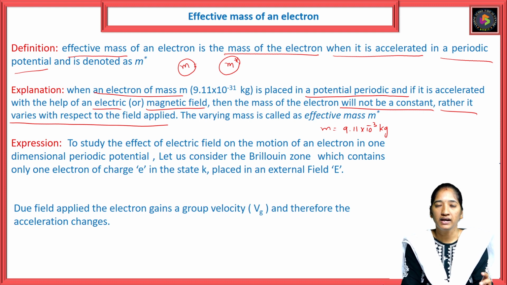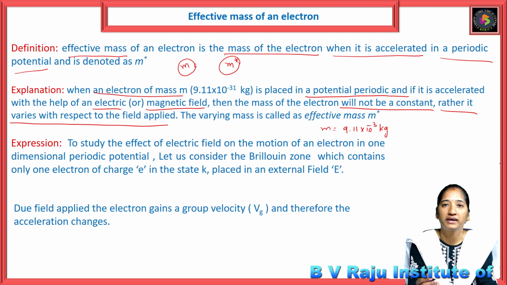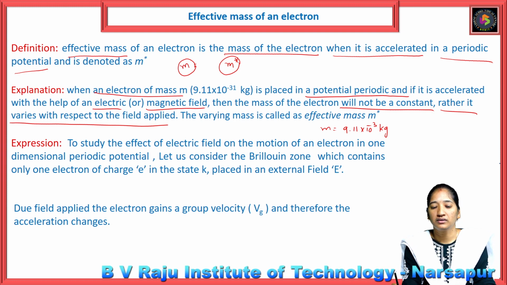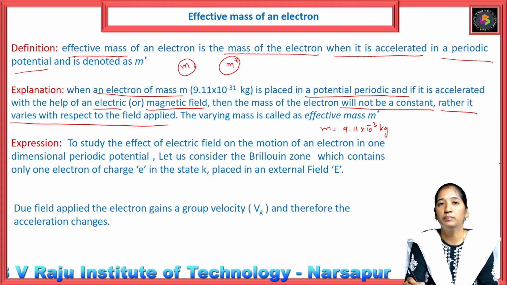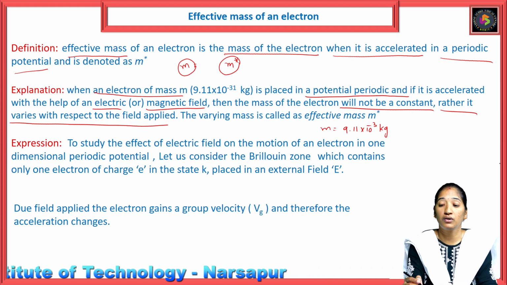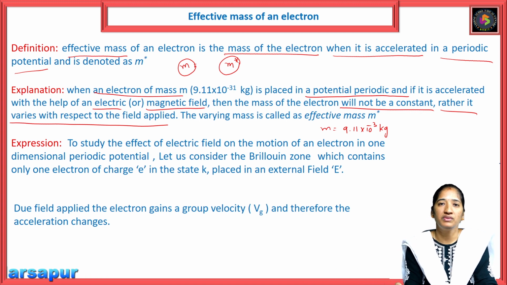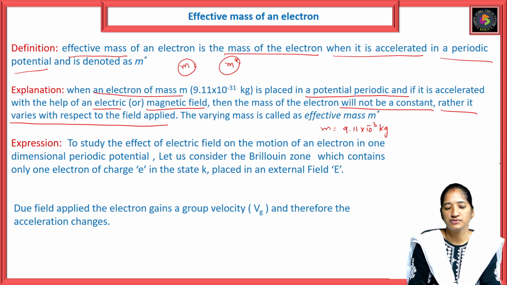The change of the mass of the electron is called the effective mass of an electron, which is represented by m star.